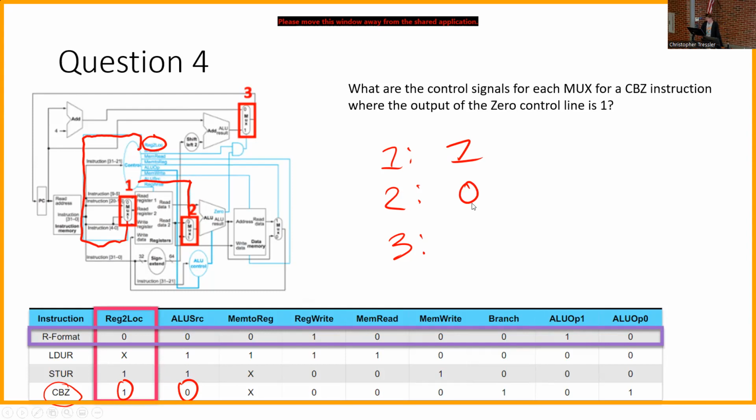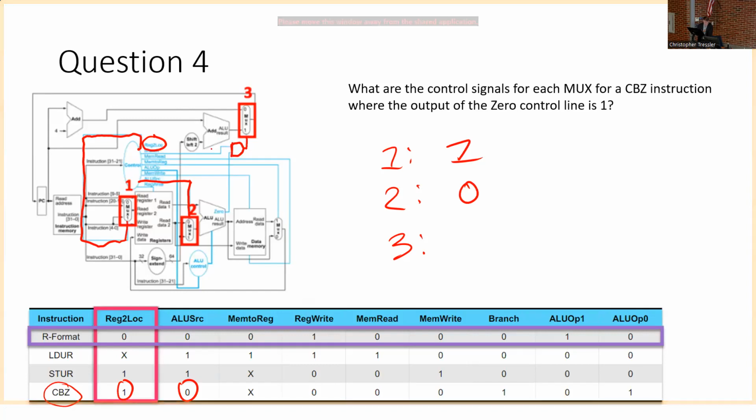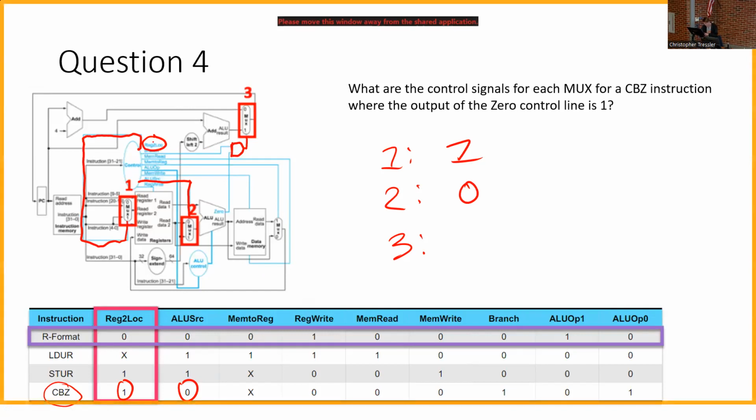And then finally, we have to go to this mux. For this mux, it depends on this thing right here, which is a digital logic AND gate, right? Yeah, that's an AND gate. So we have to look at what's going into it. We go here and see that this is Branch. We look at Branch and see that it is 1.